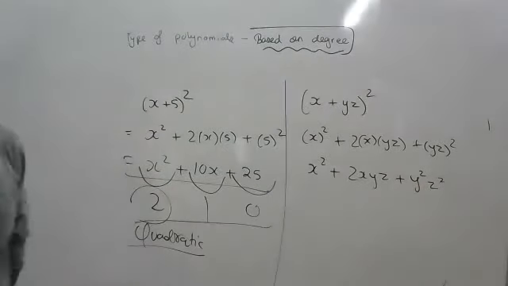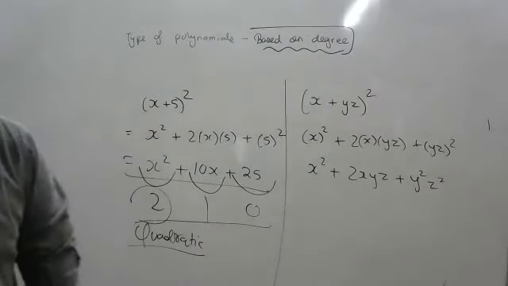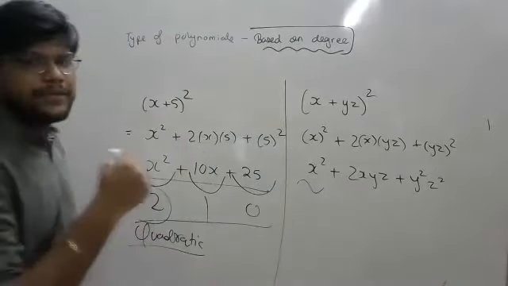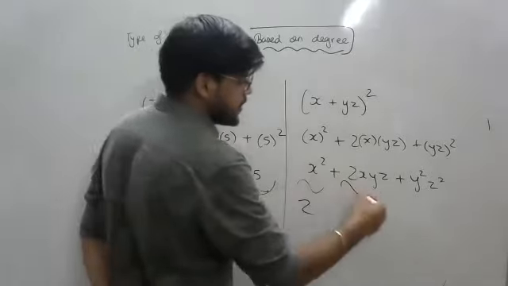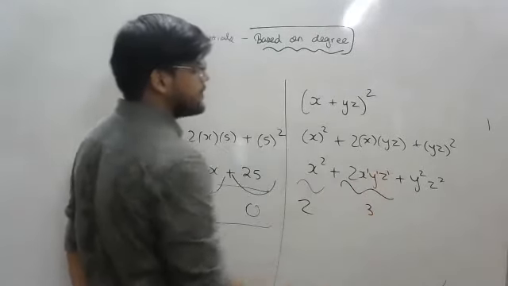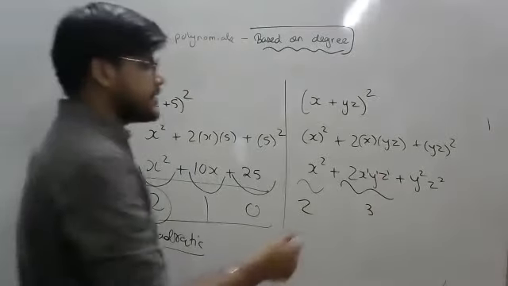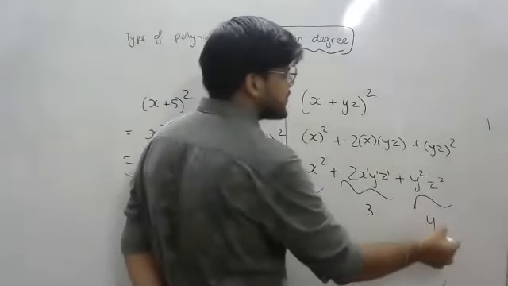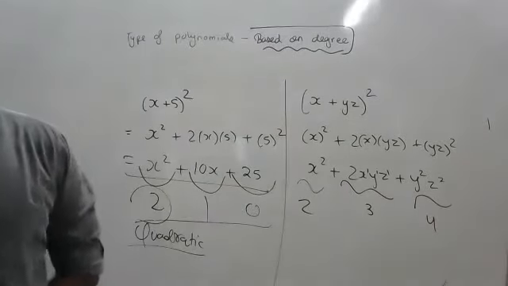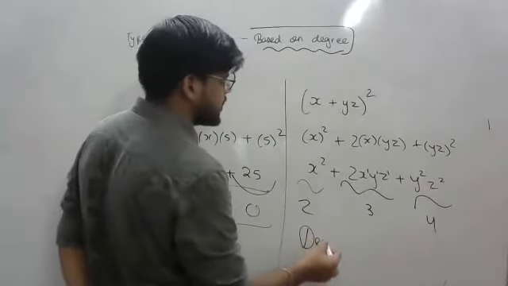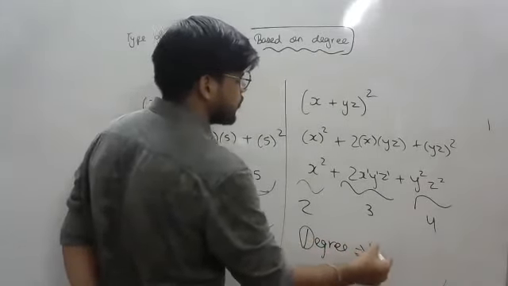Because if y and z are in multiplication, it would be y square z square. In x square, the power is 2. Here x, y, z, we have 1, 1, 1. So overall power would be 3. And in this term, y and z both have 2 and 2. So you have to add the powers. 2, 3 and 4. Maximum power is 4. Therefore, the degree of this polynomial is 4.